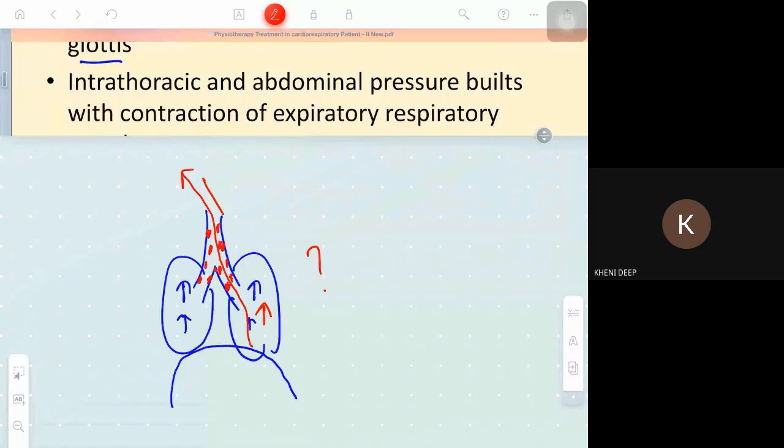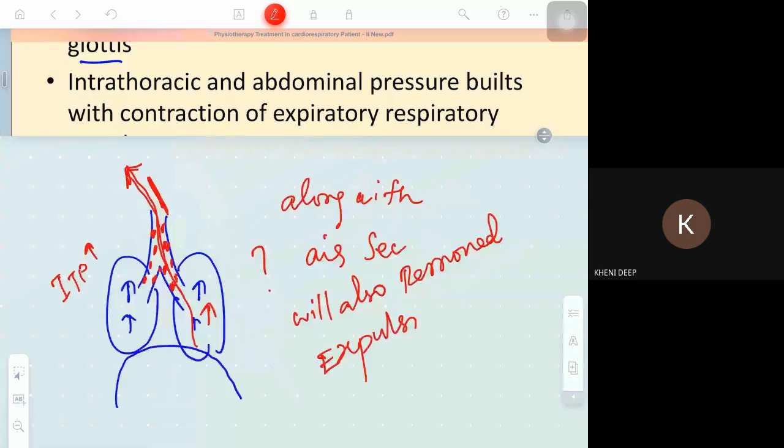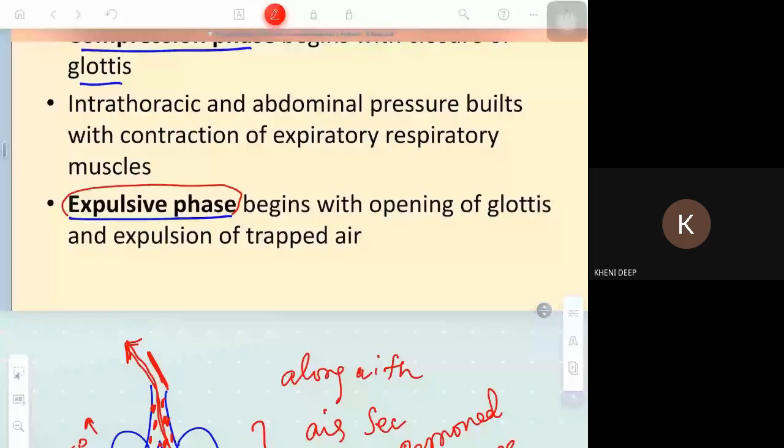Why? Because already the intrathoracic pressure is high. When the glottis is suddenly open, the air will rush out very fast. So along with the air, secretion will also be removed. This phase is called the expulsion phase. Clear? Are you clear? Yes?